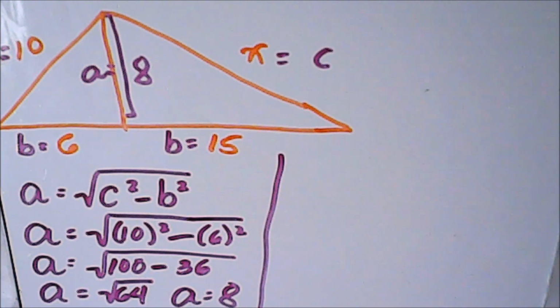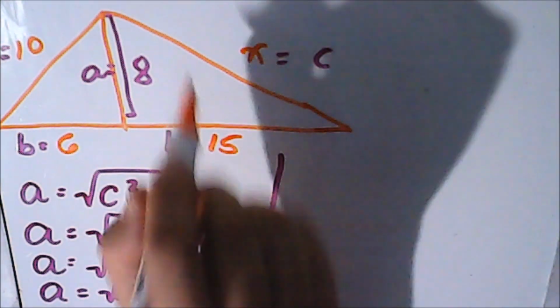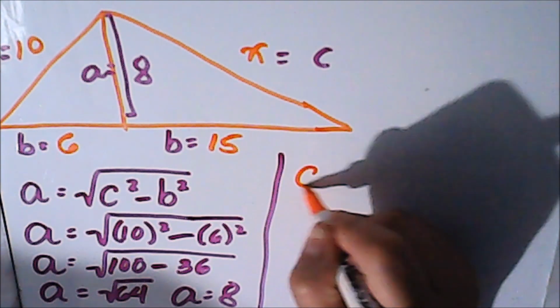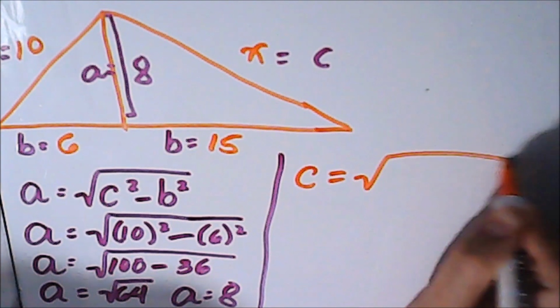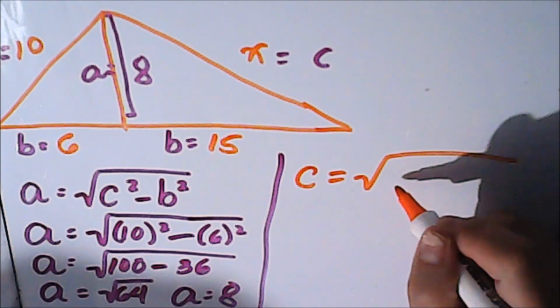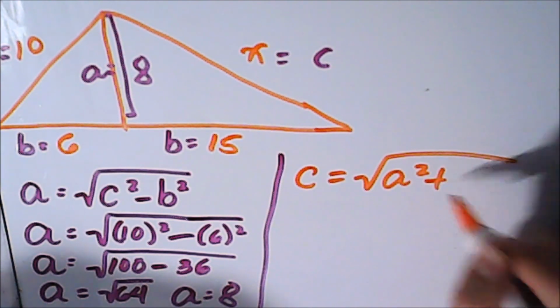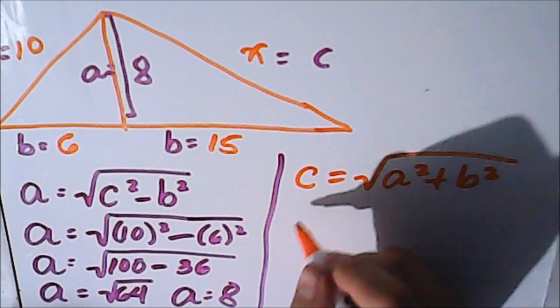So for the second triangle, let's solve for x. This is the unknown, so we will use the formula for C. C is equal to the square root of A squared plus B squared.